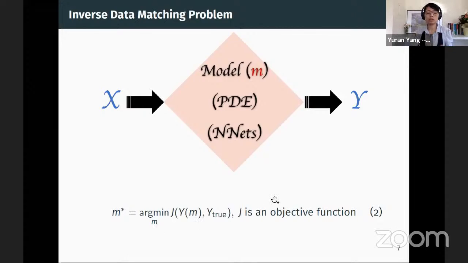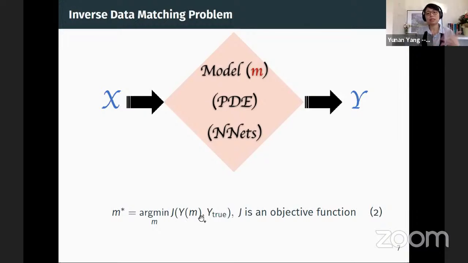If all the important problems we care about are formulated as such a constrained optimization, then J, the objective function, is very important for us, because in order to find the correct parameter, the only indicator I have is the loss function.